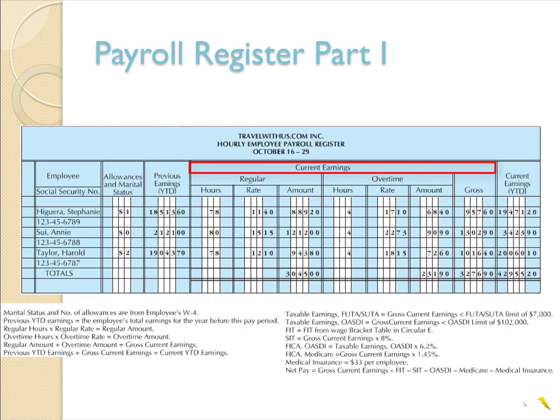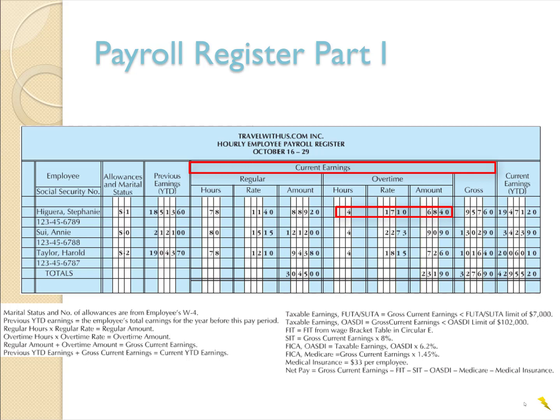And then under the current earnings, we have our regular hours and the rate and the amount. Let's look at Stephanie Higuera. She worked 78 hours in this pay period. She gets $11.40 per hour, and you multiply that together, and her gross pay for her regular hours is $889.20. Next, we have our overtime hours. She worked 4 hours in overtime, and her overtime rate is 17.10. How did that get calculated?